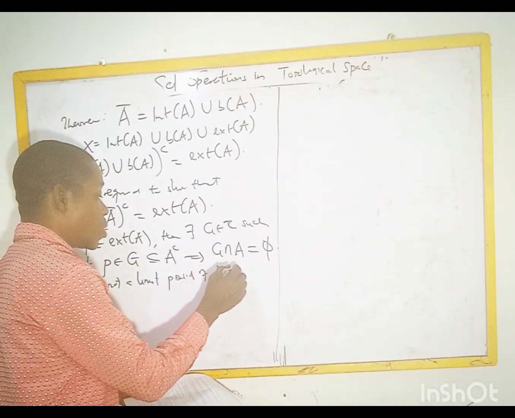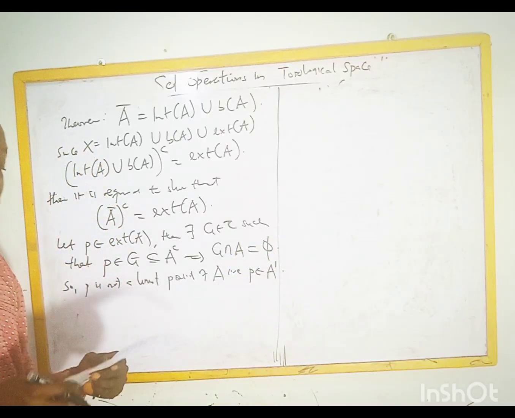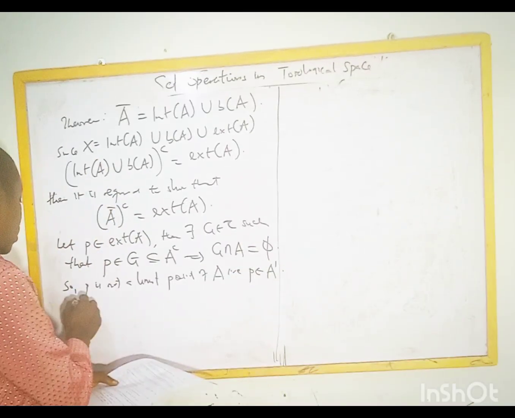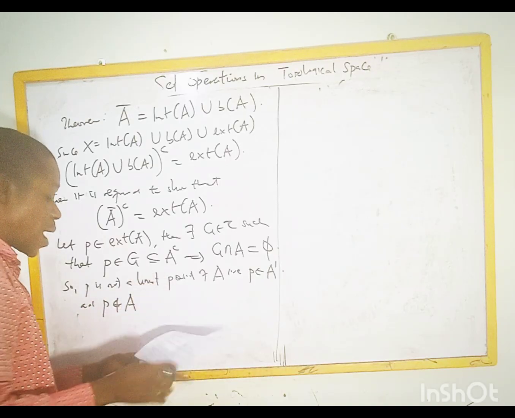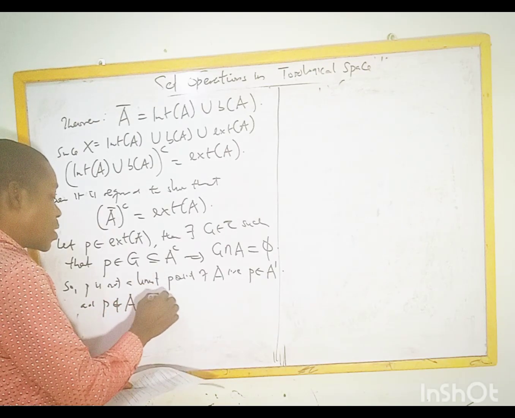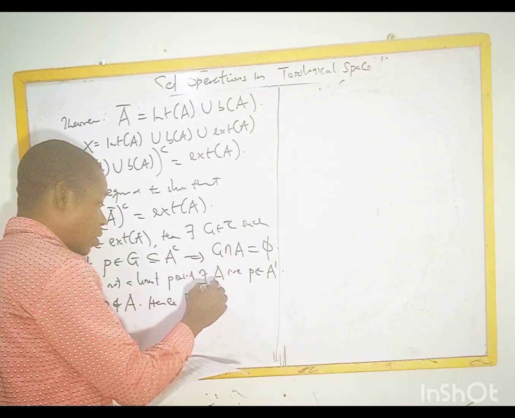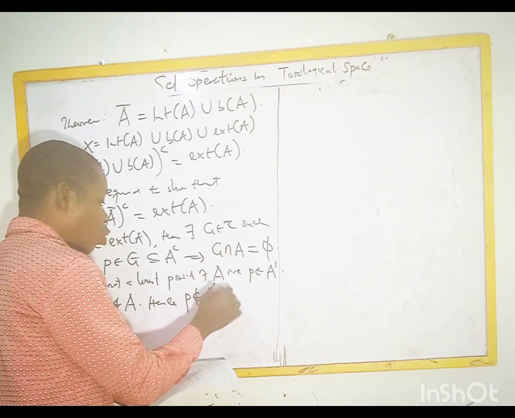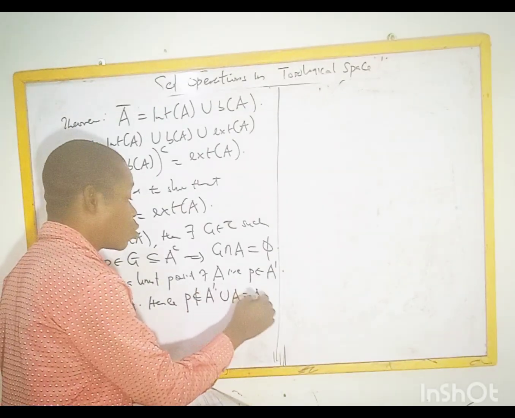That is, you can say that P does not belong to the derived set of A, and P is not in the set A. So hence, we can say that P does not belong to the derived set of A union A, which is the closure of that set.